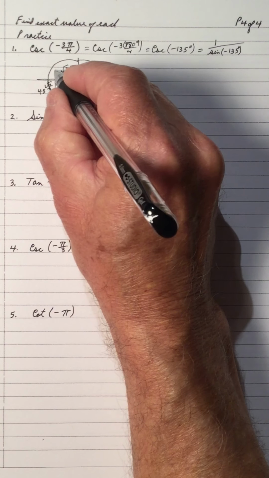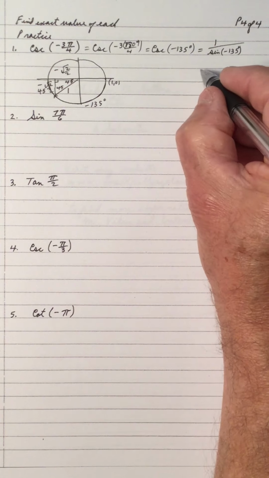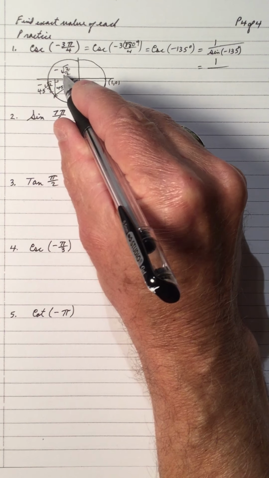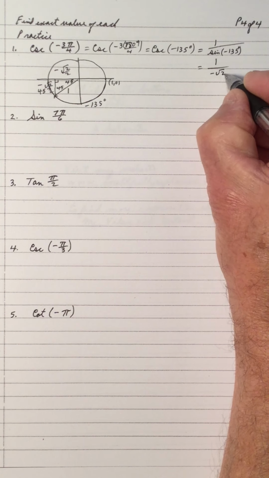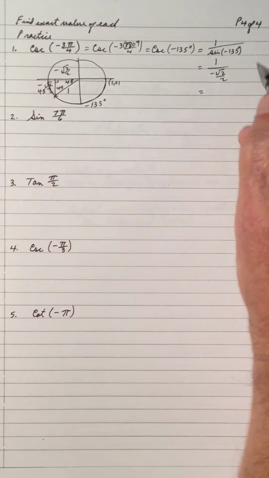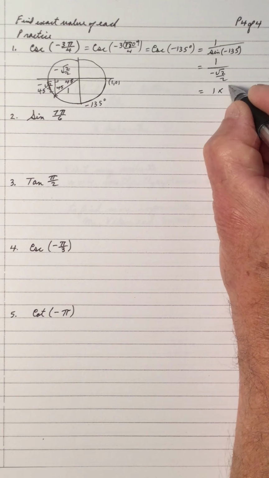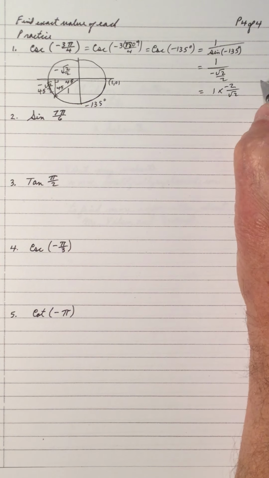But the x is negative, and the y is negative in this quadrant. So we have 1 over the sine. Sine is the y, which is a negative root 2 over 2. X is negative root 2 over 2 also. So that's 1 times 2 over negative root 2.